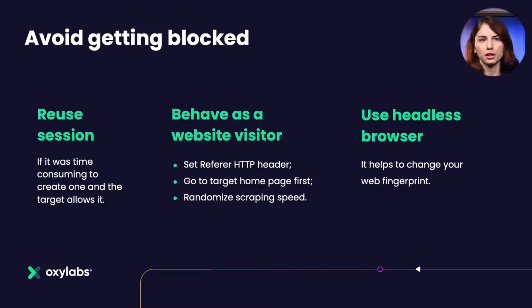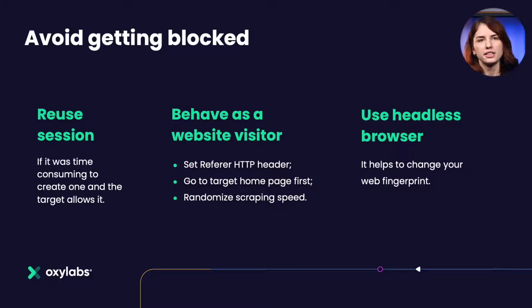Also, you should not forget to behave as a website visitor. For example, you should set your referrer HTTP header. A referrer header basically tells the website from where the user originates, because in general, it's highly unlikely that a user accesses the target URL by simply typing it in the browser.